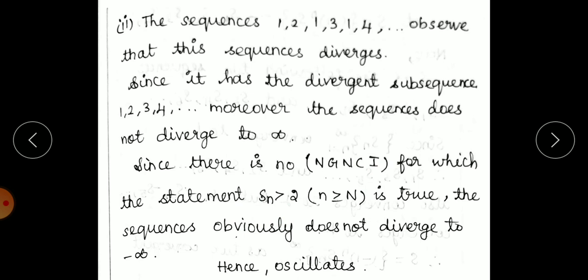The sequence obviously does not diverge to minus infinity either. So it has to be an oscillating divergent sequence.